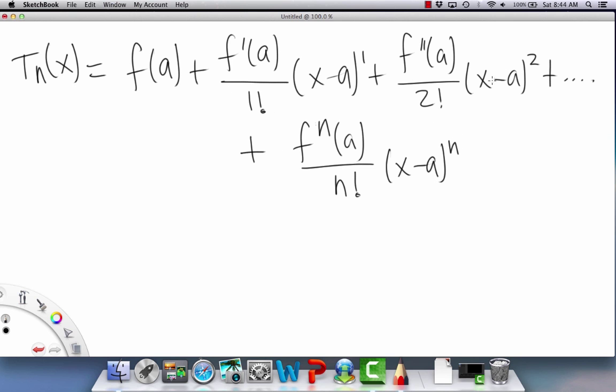This might look complicated and you're like, what's going on here? I don't really understand why we're doing this and what it's doing.